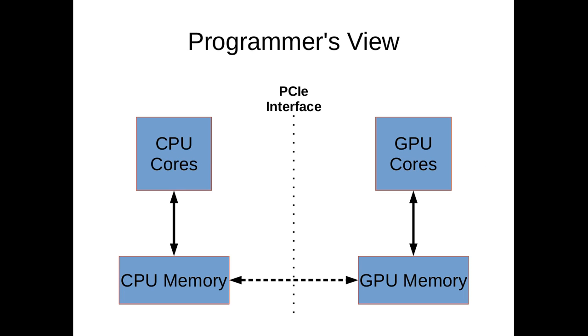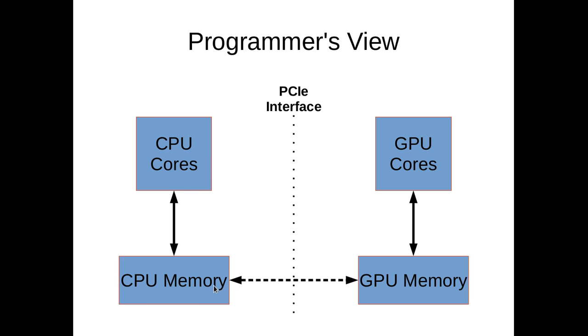Before we start with actual programming, in this part we will first see how a GPU code is organized. For that we will see the programmer's view of the given hardware. With our normal CPU, I have CPU cores and CPU memory, and whenever I load any program, I load it into CPU memory.